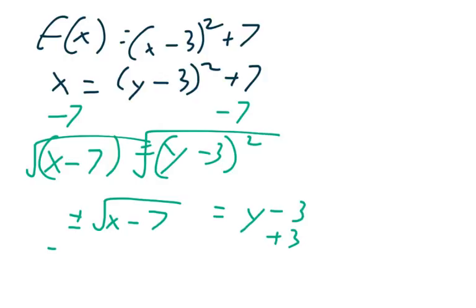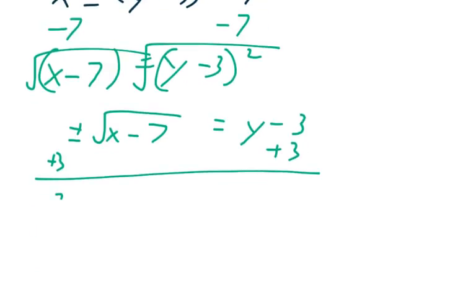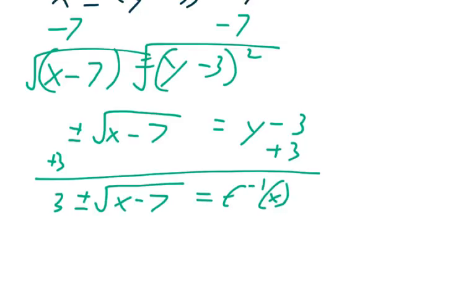Now I'm going to add 3 on both sides, which means my answer for the inverse is going to be 3 plus or minus the square root of x minus 7, which could also be written as plus or minus the square root of x minus 7 plus 3.